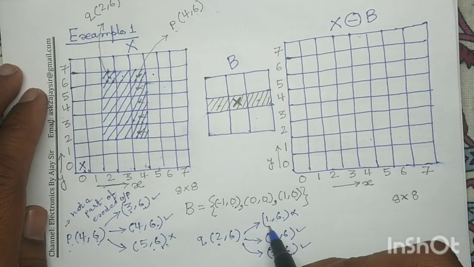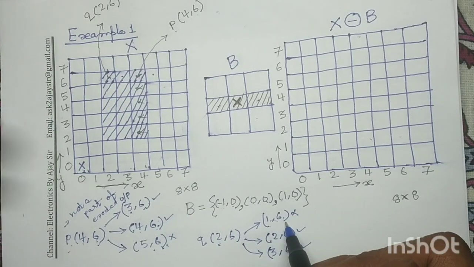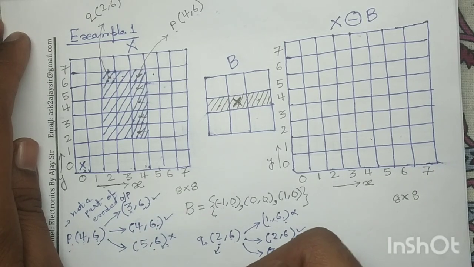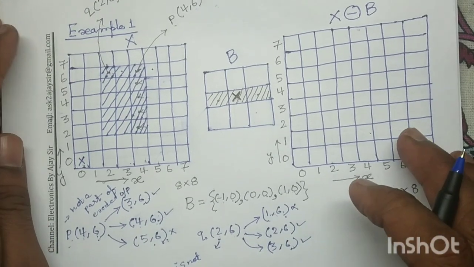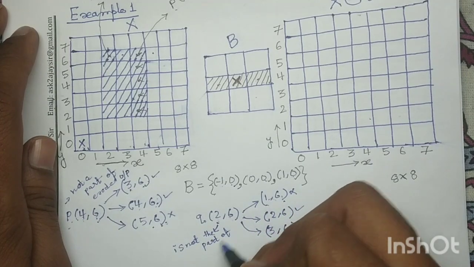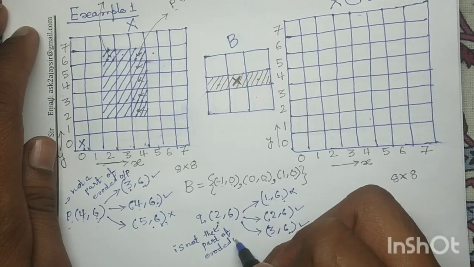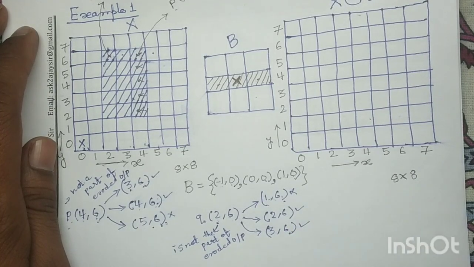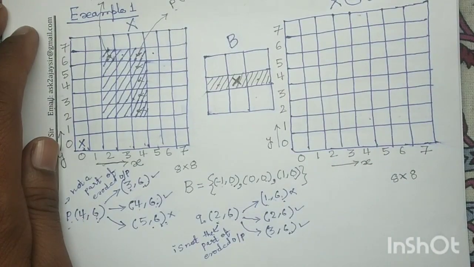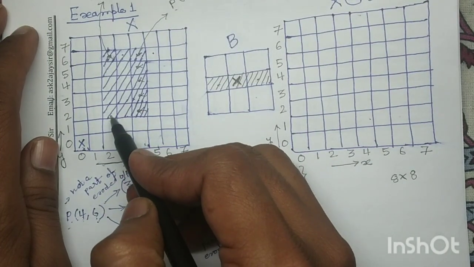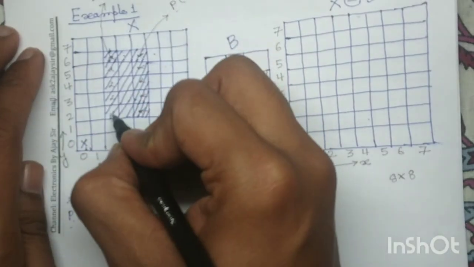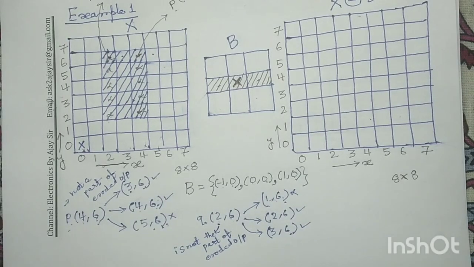Since one of these coordinates, 1, 6, is not part of the image set X, we will conclude that Q, 2, 6 is not part of the eroded output. Similarly, if you do the calculation for all these pixels, you will get the same conclusion that this pixel, this pixel, this pixel and this pixel will not be part of the eroded output.